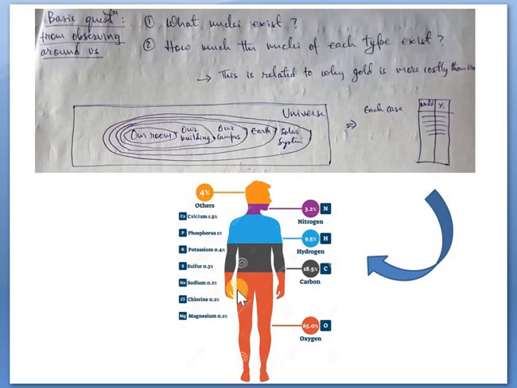Because you see, a human being is formed from those existing elements, right? So the particular composition of a human being is actually affected by the existing cosmic abundance. So before answering the question of the composition of a human being, we have to first understand the cosmic abundance, that is, the relative proportion of elements in the universe.